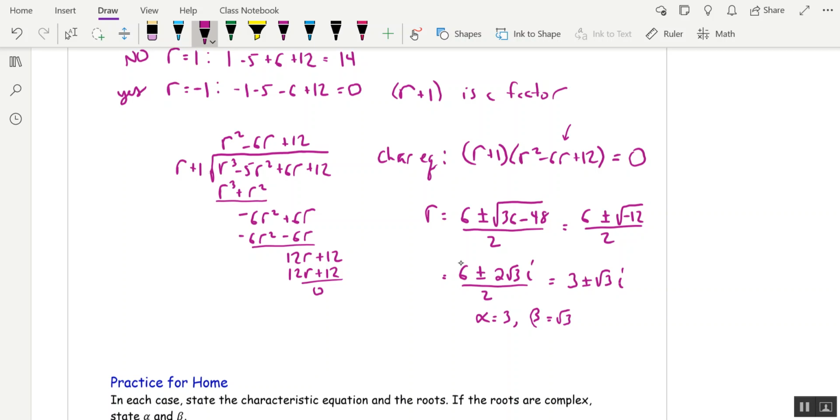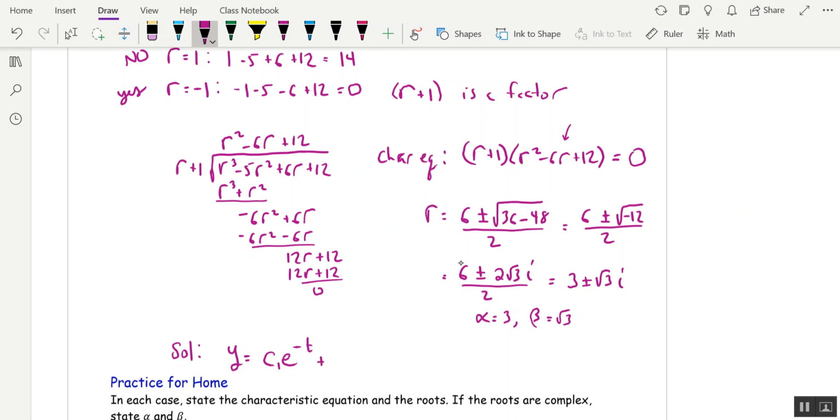So from this, I'm going to get 2 terms in the general solution, and I'll also get a term from the r equals negative 1. So I'm going to write down the general solution. Y equals, for the root r equals negative 1, we have c1 e to the negative t. And then for these roots, 3 plus or minus root 3i, I'm going to get 2 terms.